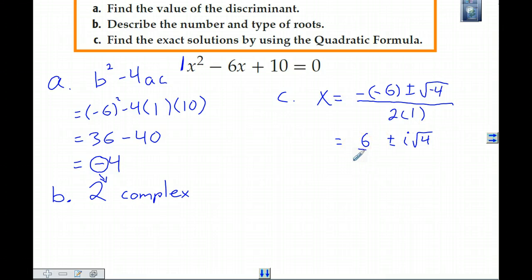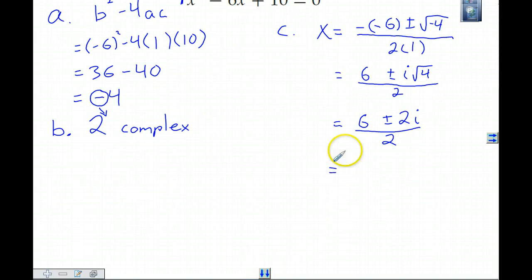So take out the negative, making an i. That's where the complex roots come from. Square root of 4 is 2. So 2i. Lastly, distribute the 2. 6 divided by 2, 2 divided by 2, 3 plus or minus i.